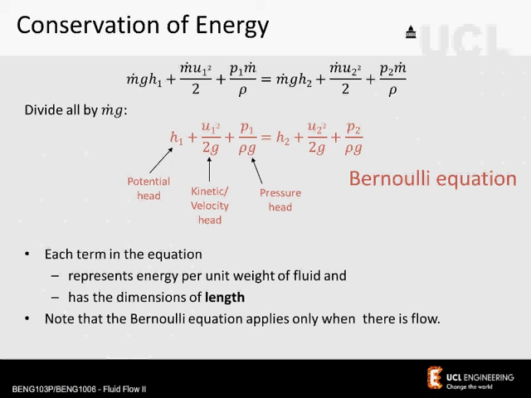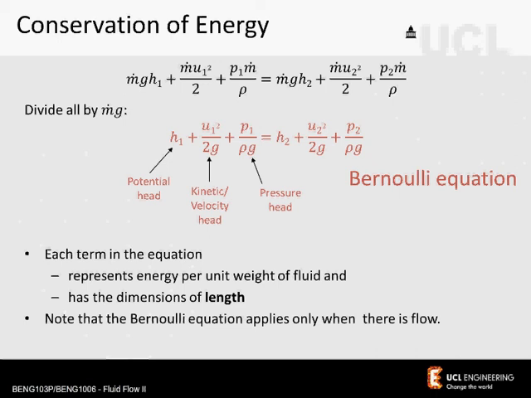Here, h is the potential head, the head due to potential energy. u1 squared over 2g is the kinetic or velocity head, the head generated by the energy due to movement of the fluid, and p1 over rho g is the pressure head, the head due to pressure applied to the fluid.